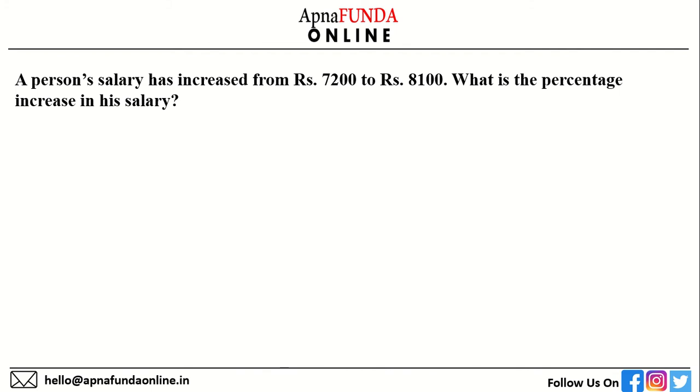Next question. A person's salary increased from 7,200 to 8,100. What is the percentage increase in his salary? This is a simple percentage increase question. From 7,200, it has gone to 8,100. So 8,100 minus 7,200 divided by old value 7,200 into 100. This is change, this is old value, into 100.